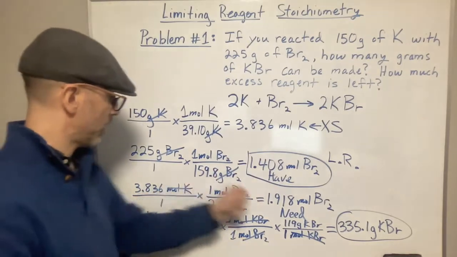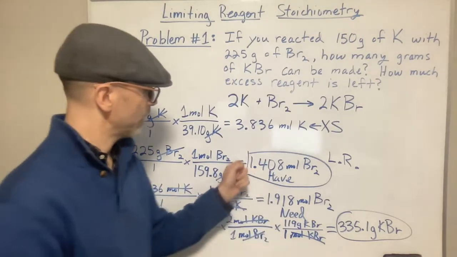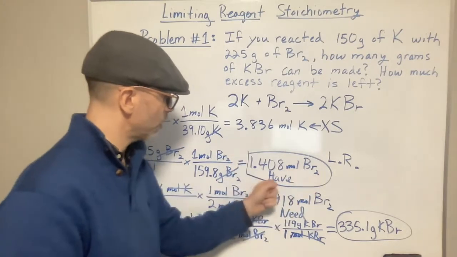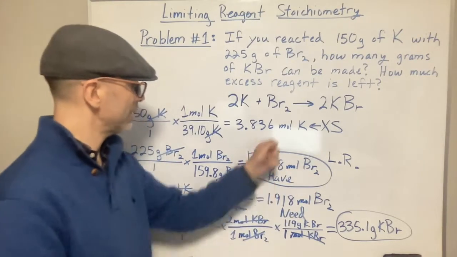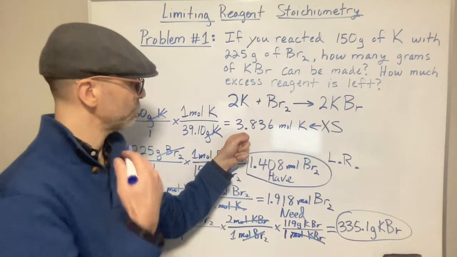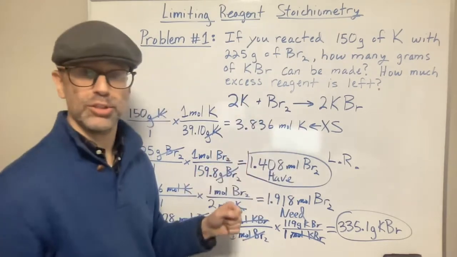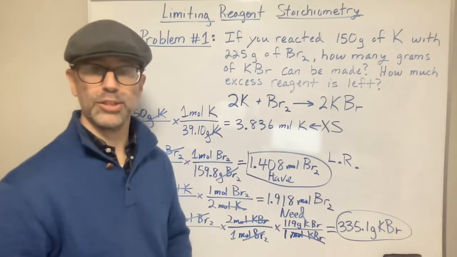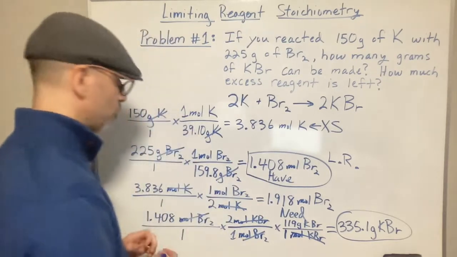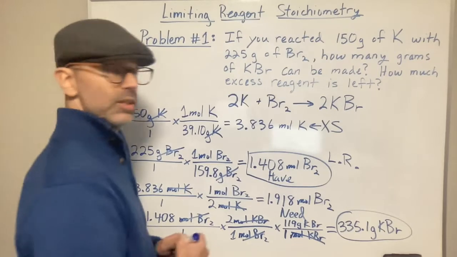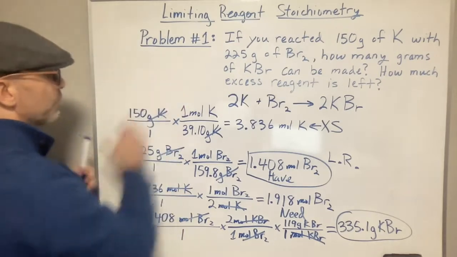So now we can take this amount of bromine and calculate the amount of potassium that would be used, and then subtract that from the amount given to us. So let's go ahead and do that. Let's find some space, we can do that up here.